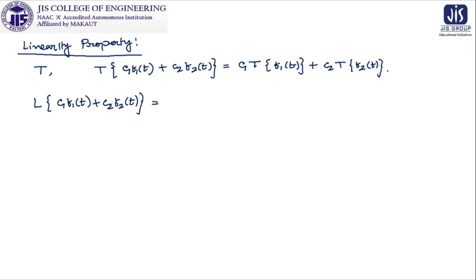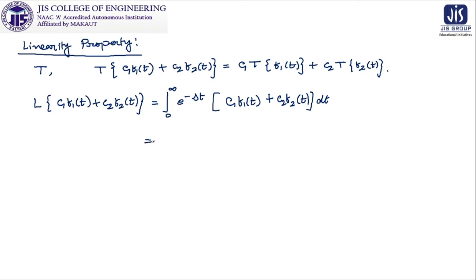From the definition of Laplace transform, we can write it as the integral from 0 to infinity of e to the power minus st times c1 f1(t) plus c2 f2(t) dt.